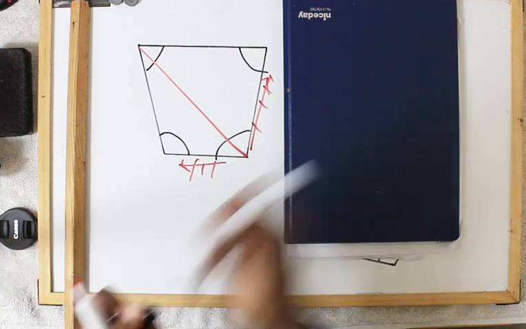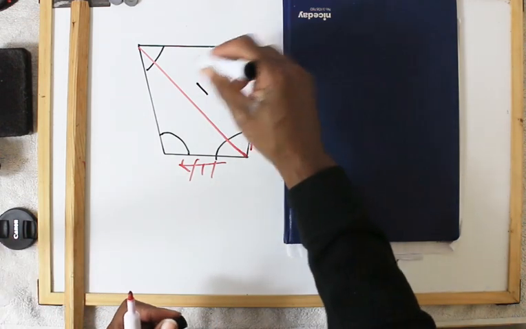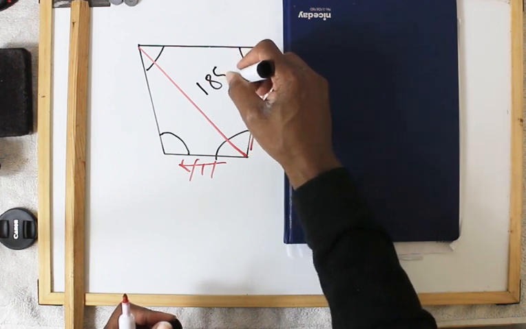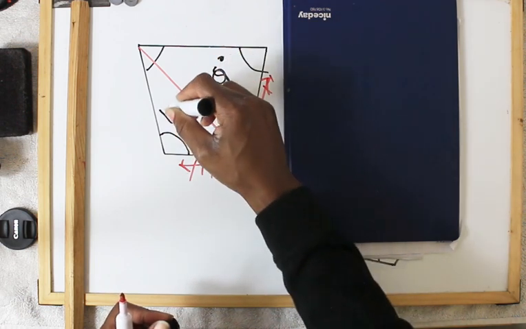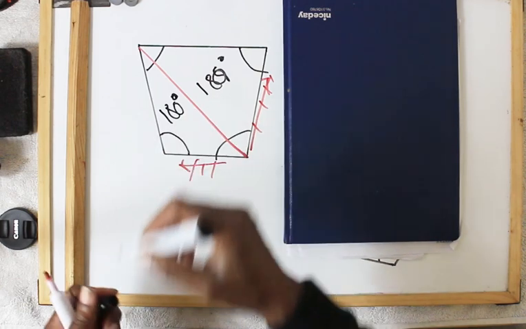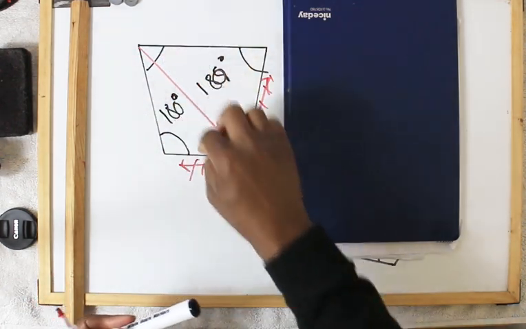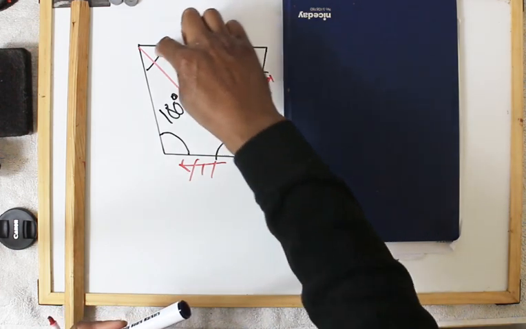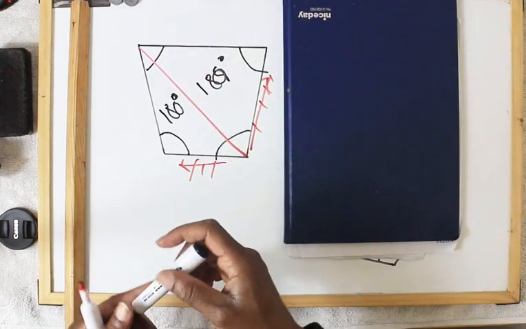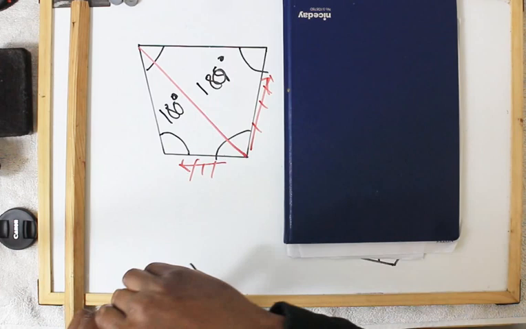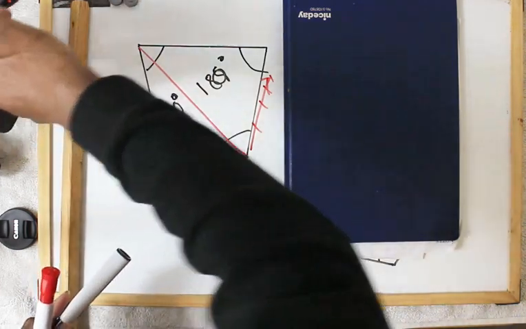And you know that each of these triangles contains 180 degrees. This angle here, that angle there, that angle there, adds up to 180 degrees. That angle there, that angle there, and that angle there adds up to 180 degrees also.